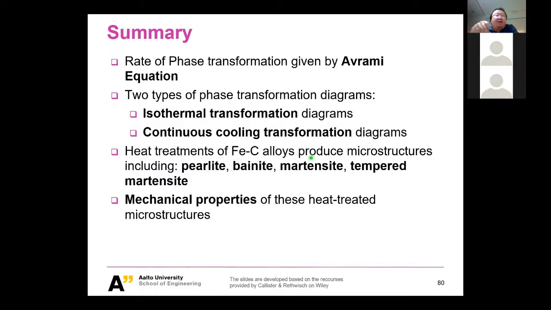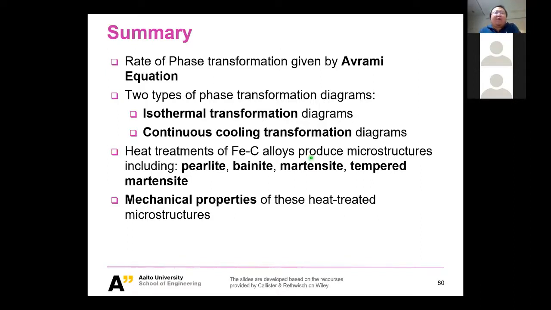All right, I think that is all I want to speak about phase transformation. We started with one equation to describe the rate of phase transformation. And I introduced two types of ways to conduct the phase transformation, a little bit later, but I put it here now. This also corresponds to types of temperature-time diagram.